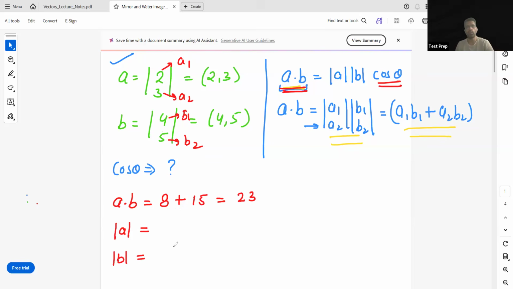How do we find the magnitude of any vector? Please, everyone give your answer. What will be the magnitude of A and B? This is very important.